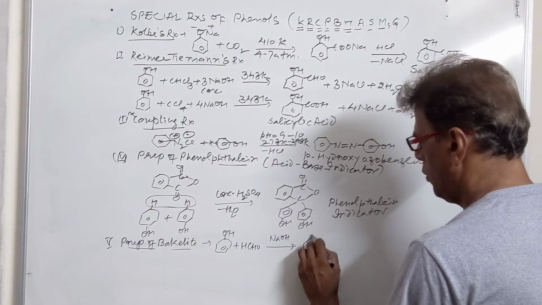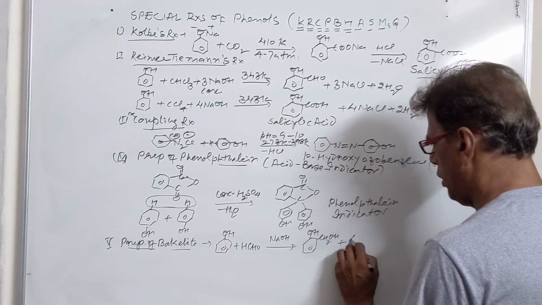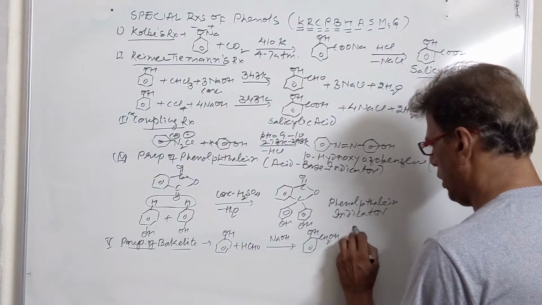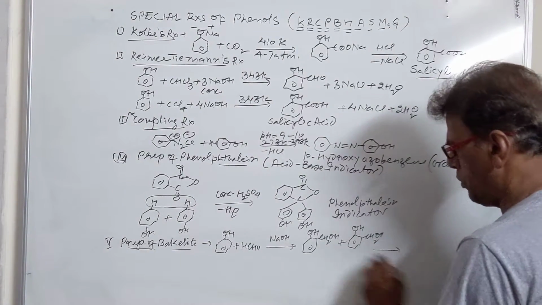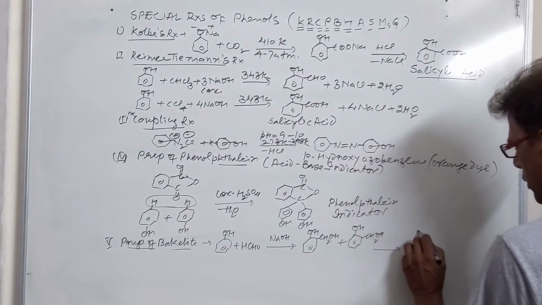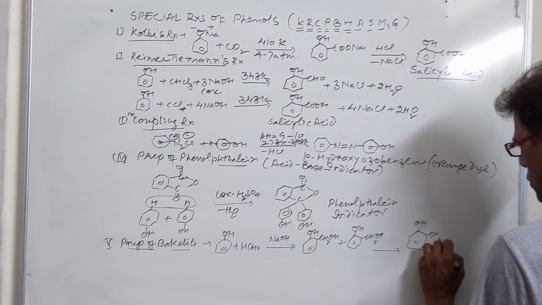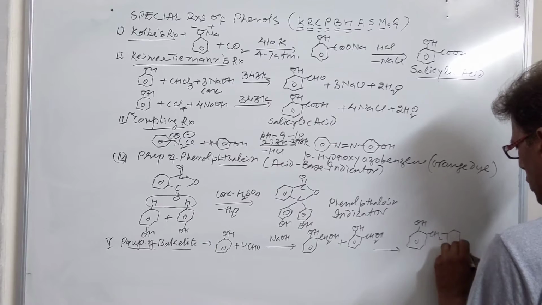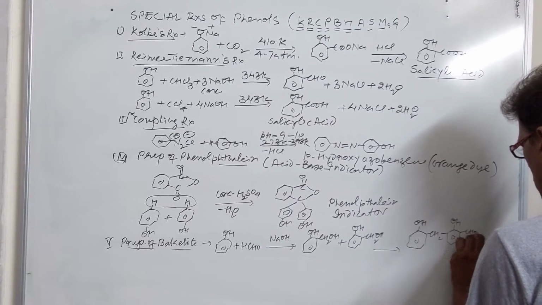we get two products here, ortho-hydroxybenzyl alcohol and para-hydroxybenzyl alcohol. When both of these combine, they produce crossed bakelite. Crossed bakelite has the condensation between both of these molecules, ortho isomer as well as para isomer.